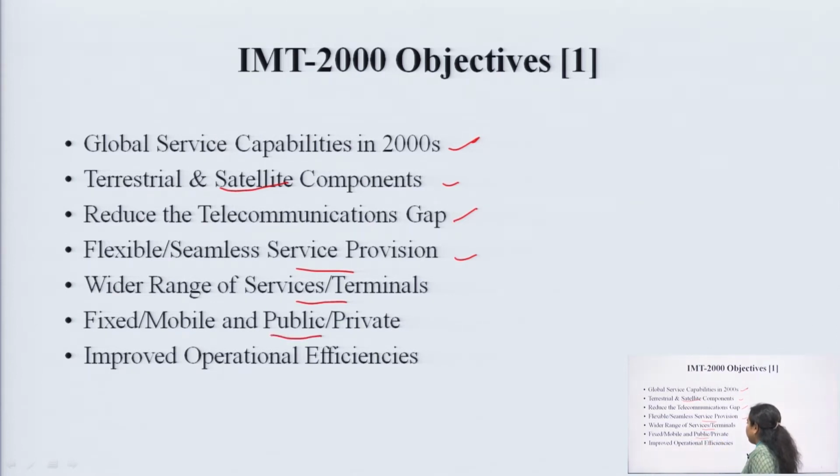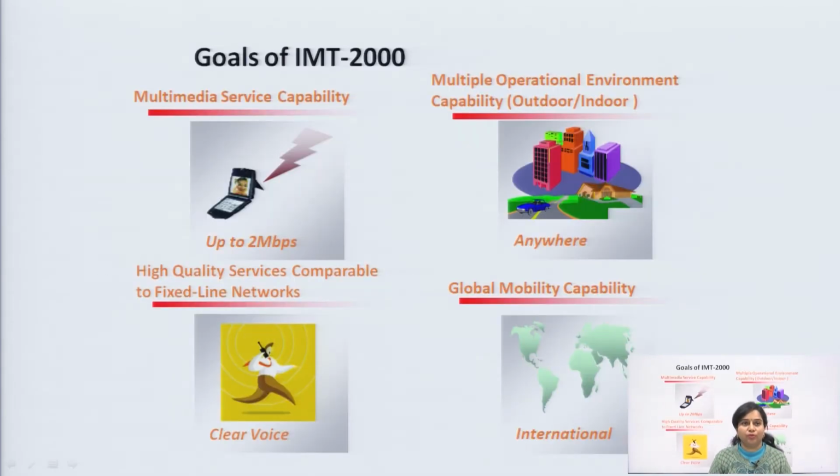Fixed or mobile, public or private: it can be fixed, it can be mobile in nature, which means that the transmitter or receiver can be fixed or moving. It can be used for public transmission, and it can be used for private communication. Improved operational efficiencies are there. So, these are some of the objectives of IMT 2000.